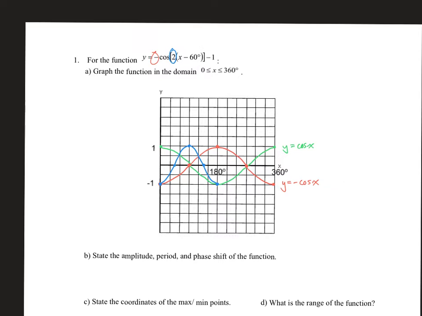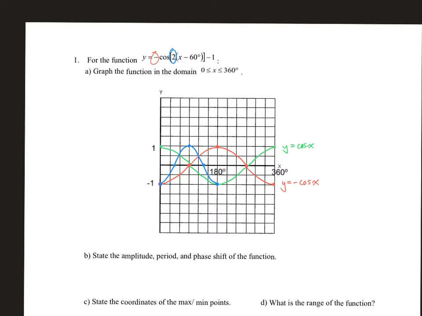Now, I would argue to you that if you want to use intermediate graphs, don't complete them for the given domain. You know that what you see in blue right now is one cycle of your curve. And so if that was the final graph, you'd have to repeat it for the given domain, but don't do it for intermediate graphs.